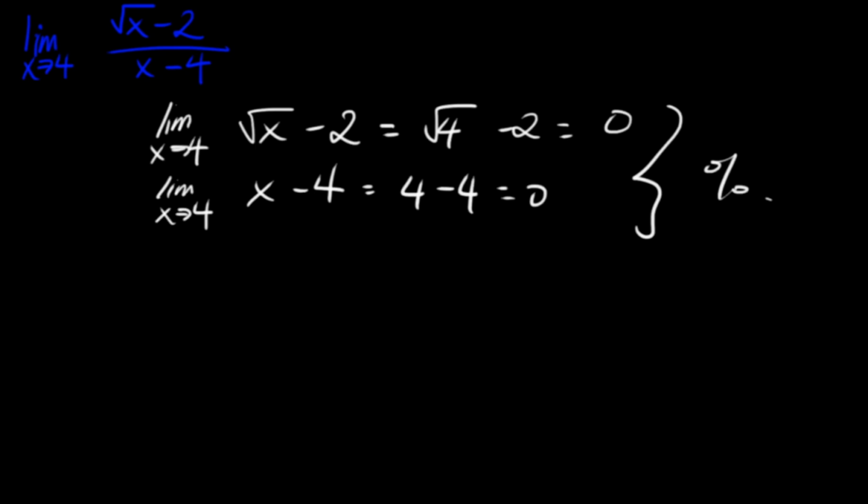And that's where this special technique comes in. We call this the conjugate. The whole point is that we're trying to cancel out the radical. We're trying to square it so that it becomes a whole different thing.